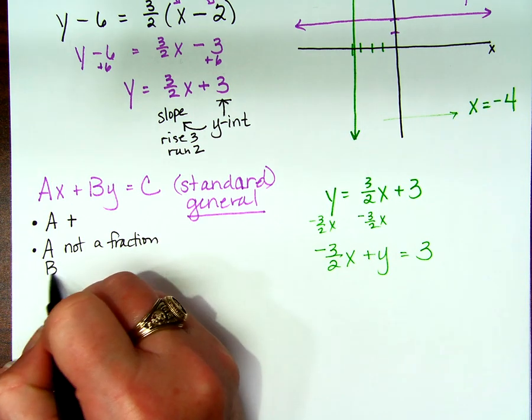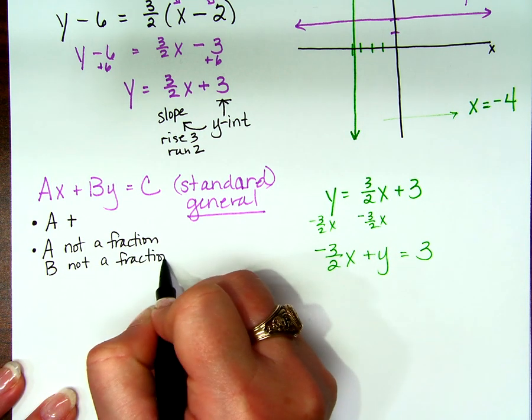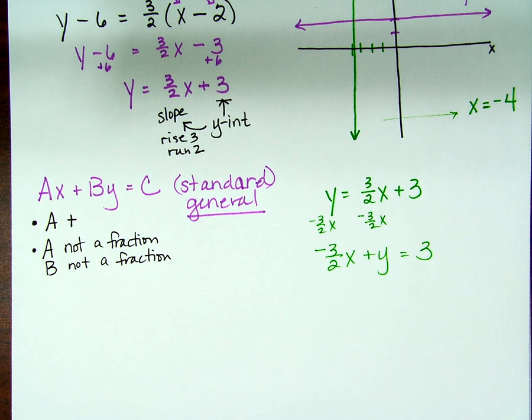And B has to be not a fraction. Okay? Typically C is not also, but hopefully you'll figure that out by the fact that A and B are not as well. Okay? So how am I going to get rid of that fraction on A, and how am I going to get rid of the negative sign on A?